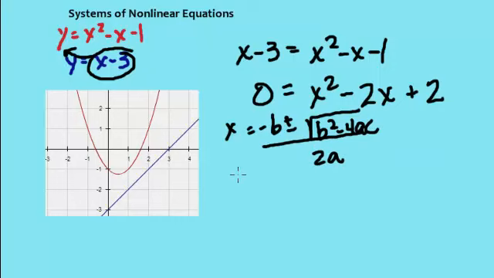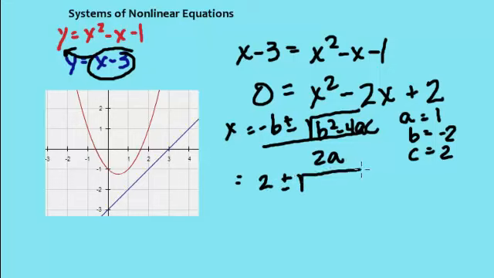So I'll go ahead and start plugging these things in and looking at my coefficients here. Let's write down what a, b, and c are so that we make it easy on ourselves. a would be 1, the coefficient in front of the x squared, b would be -2, and c would be 2. So this would be minus negative 2, which is 2, plus or minus the square root of -2 times -2 is 4, minus 4 times a times c, so that would be an 8, all over 2 times a, that would be a 2.